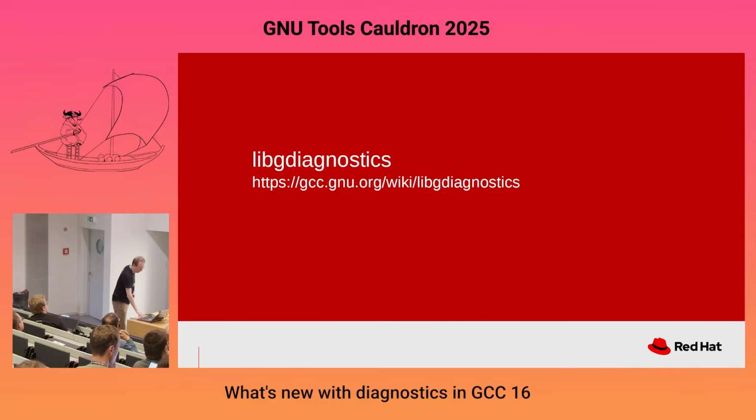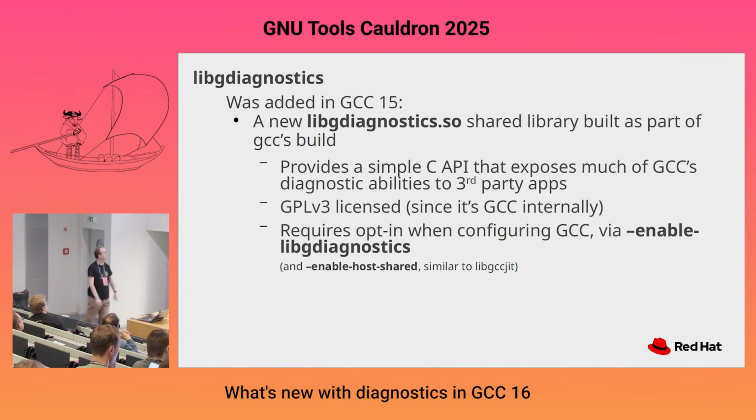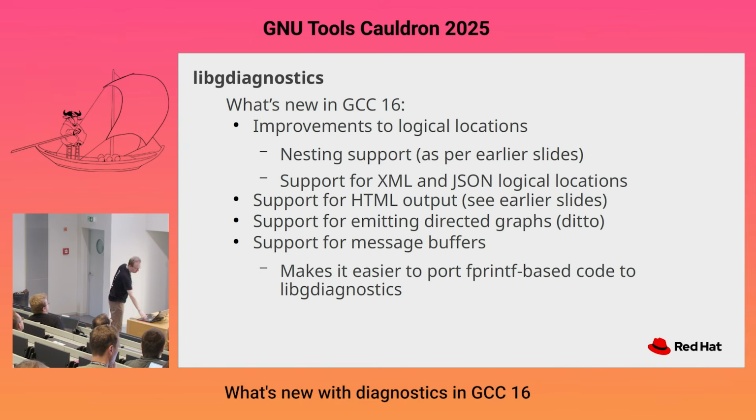libgdiagnostics. So this is the shared library, GCC's diagnostic subsystem made available as a shared library, which we added in GCC 15. What's new here are some of the improvements I've mentioned before: through this C API, and the C++ and Python bindings, you've got the nesting logical locations.